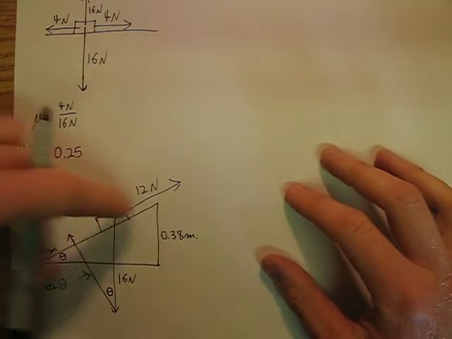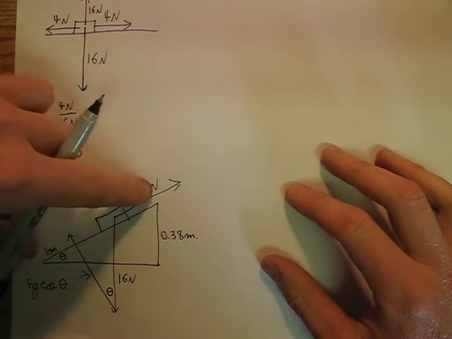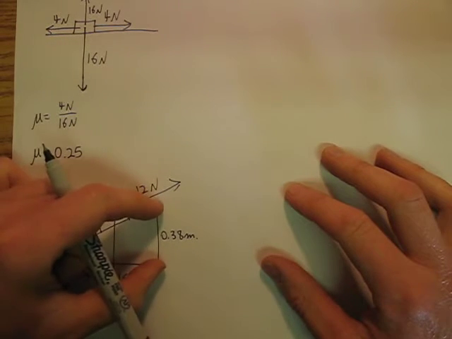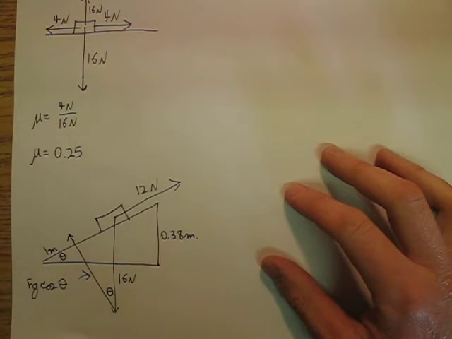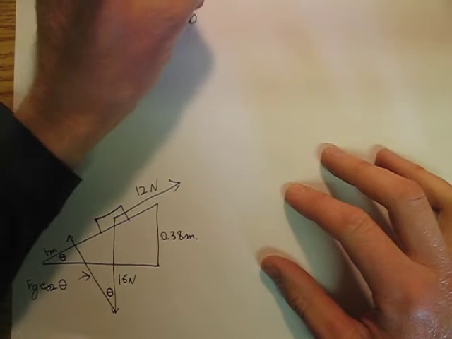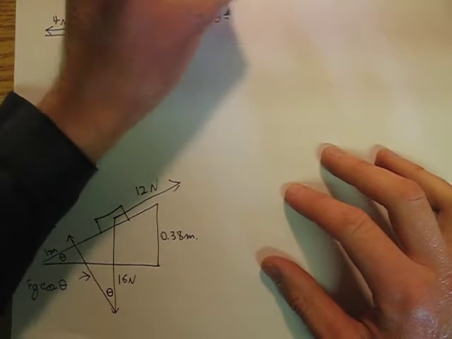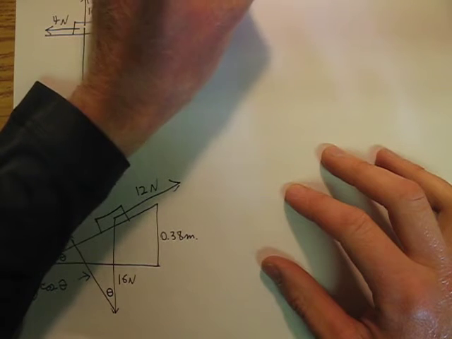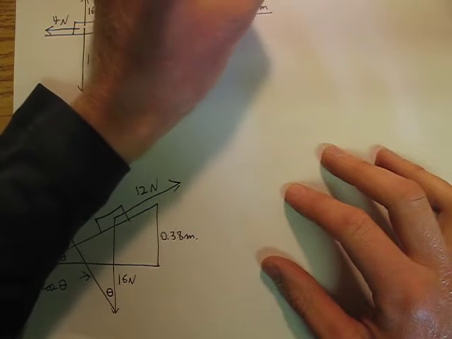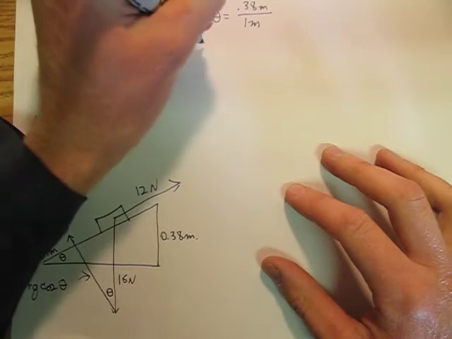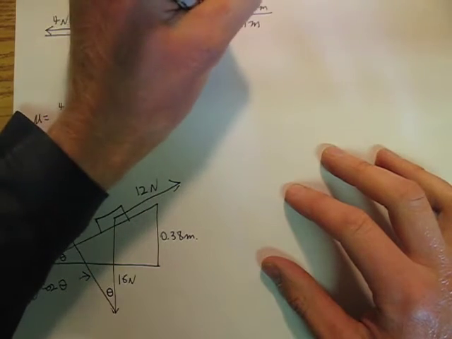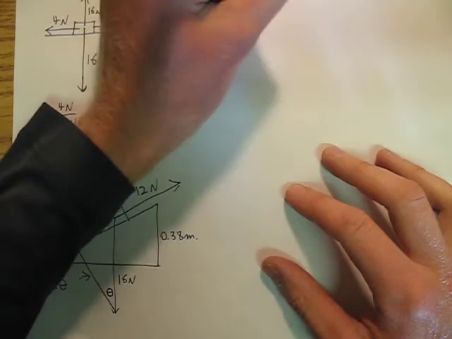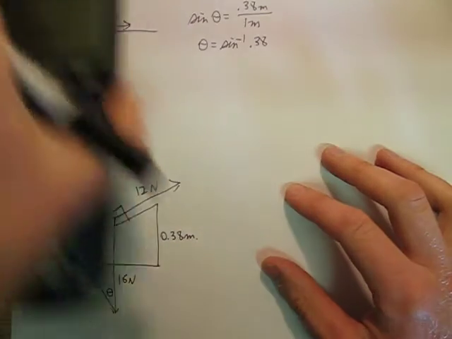Here I've got a triangle with a hypotenuse of 1 meter, and the opposite side is 0.38. So sine theta is 0.38 meters divided by 1 meter, and theta is equal to the inverse sine of 0.38.